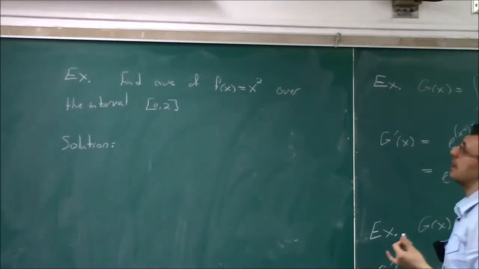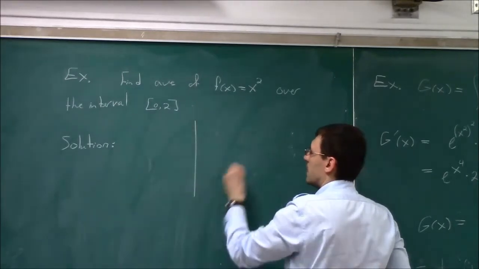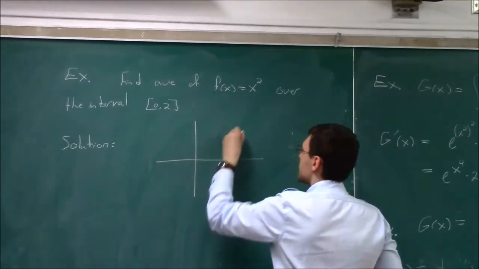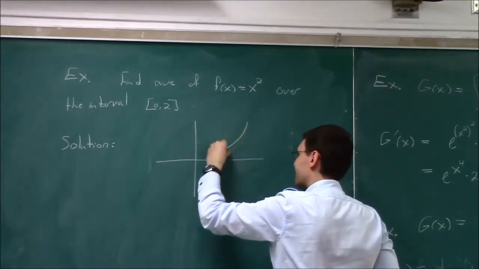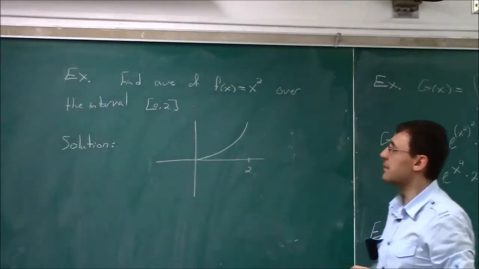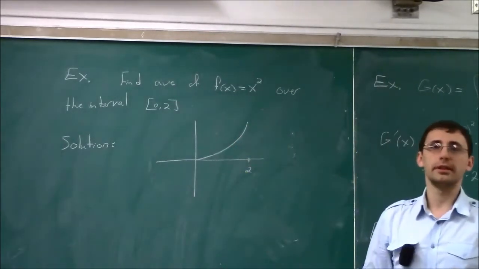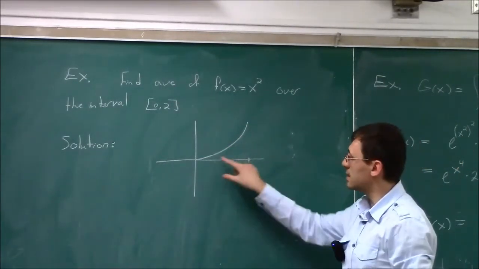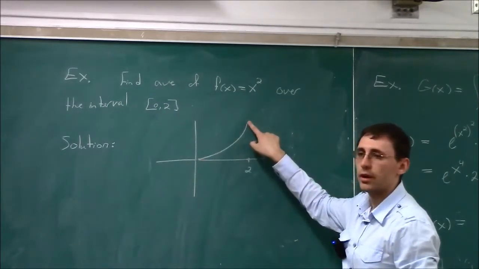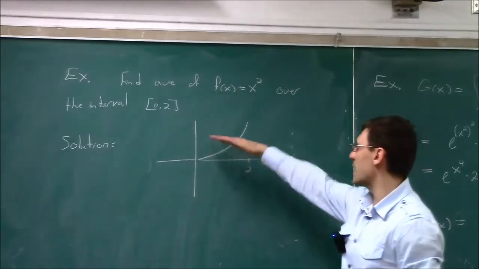So I want to find the average height of this curve from 0 to 2. In other words, what am I averaging? I take all those lengths, and I want to calculate what's the mean length. Right? So here it's 0, here it's 4, and you have a bunch of lengths in between. I want to know what's the average here.